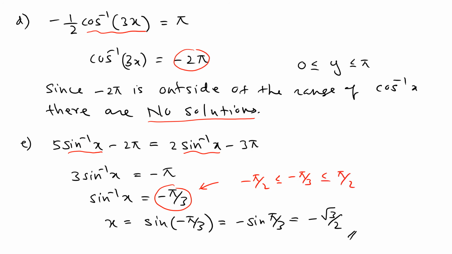Good. So let's do one last problem, a little complicated one. Let's do one with degrees actually. So how about this problem? We have 3 cosine inverse of 2x minus 1 equals 360.